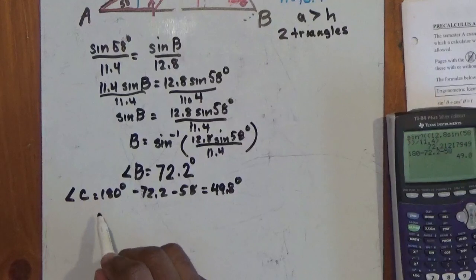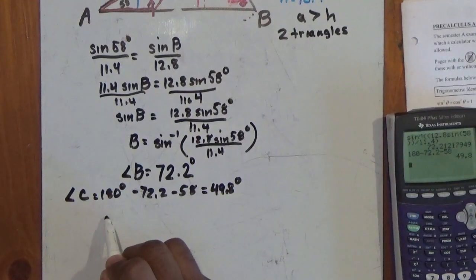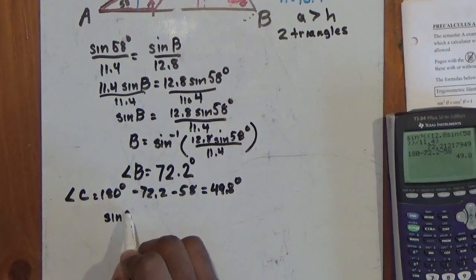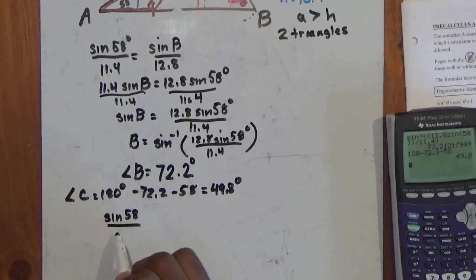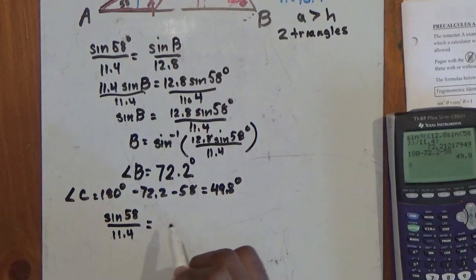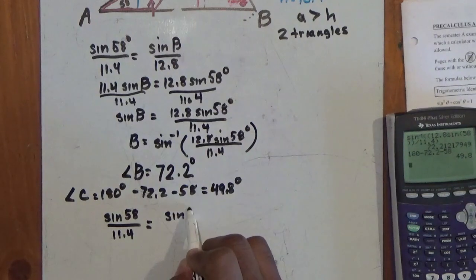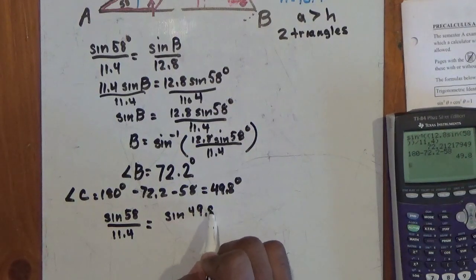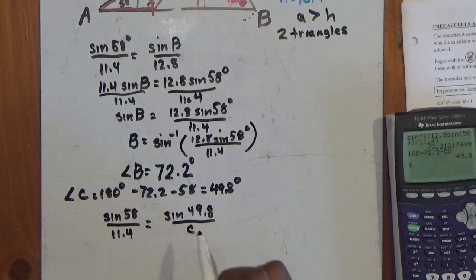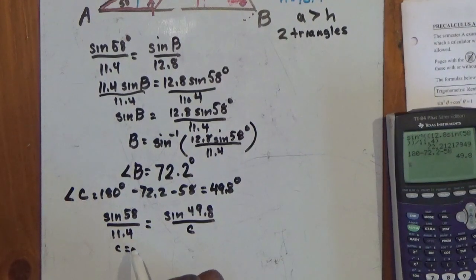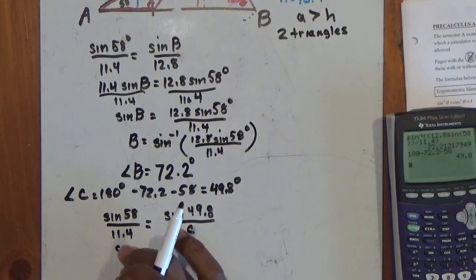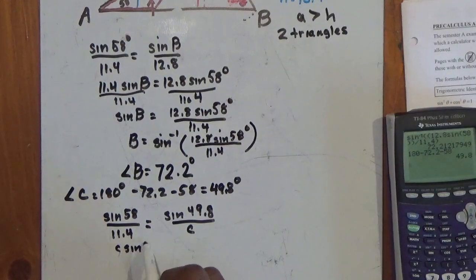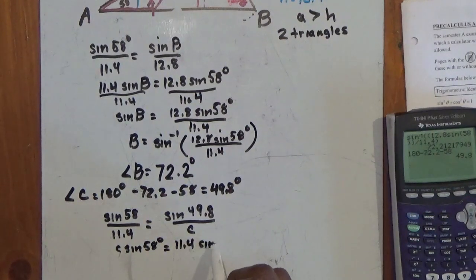So we can go sine 58 degrees over 11.4 is equal to sine 49.8 over side C. We cross multiply, that gives us C sine 58 degrees is equal to 11.4 sine 49.8 degrees.